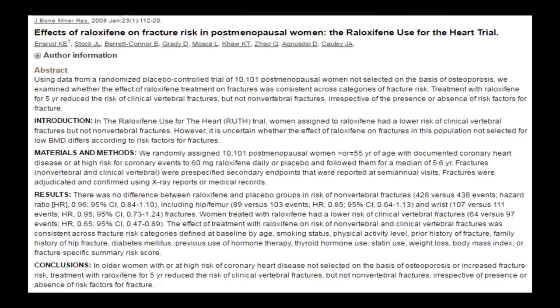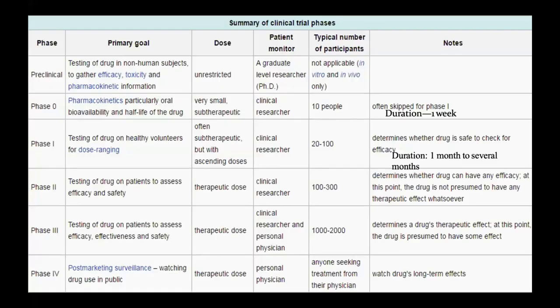There are so many studies which are double-blinded studies, randomized studies. In the randomization, there are certain phases: phase 1, phase 2, phase 3. You have to understand about these phases.